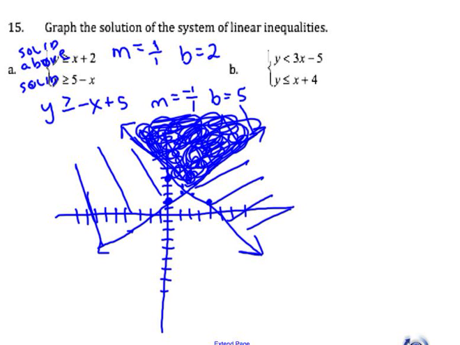So please, if you have to do one of these on the exam for me, make it really evident where your graph overlaps. And that's the solution. I don't have a point. The solution to a system of linear inequalities is a shaded area where the shading from the two linear inequalities overlap each other.